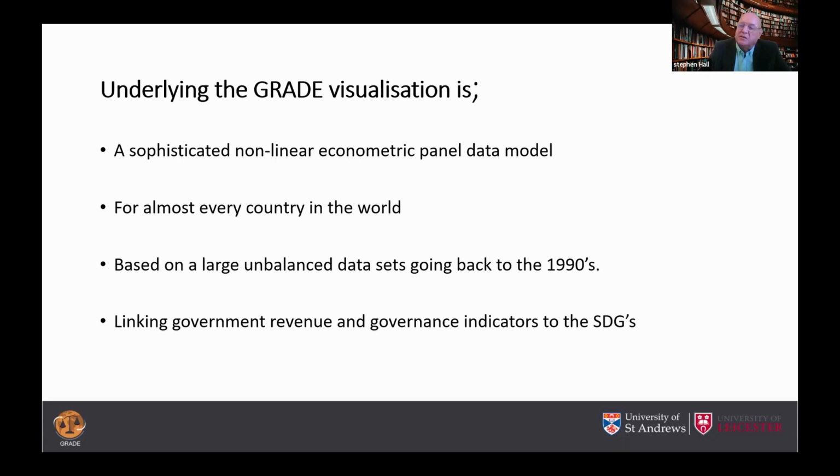And what it's essentially doing is to link government revenue and governance indicators to the SDGs. So if you allocate some money from, say, a profit shifted developed country into a developing country, it'll tell you how we think the various SDGs we cover will actually improve because of this reallocation of resources.